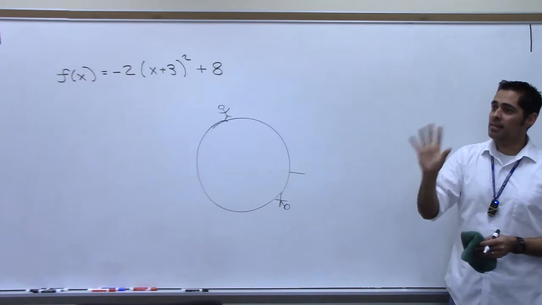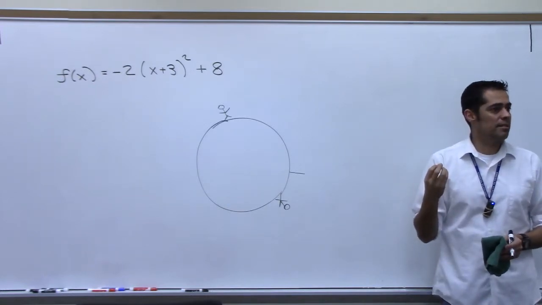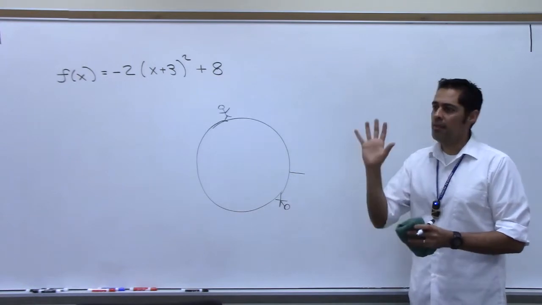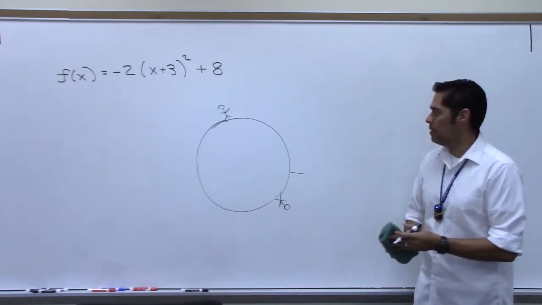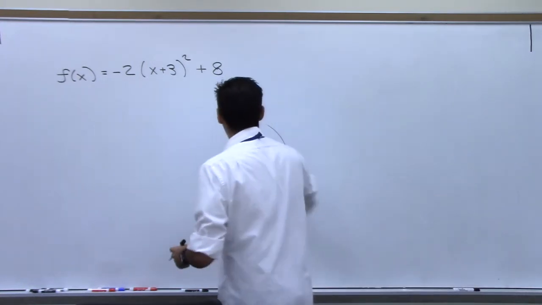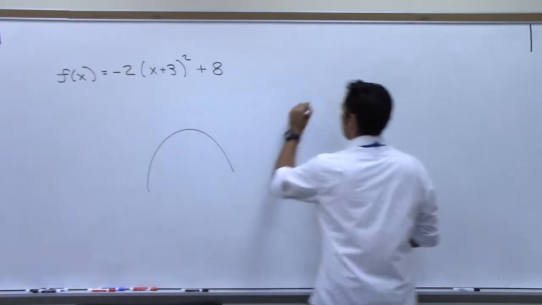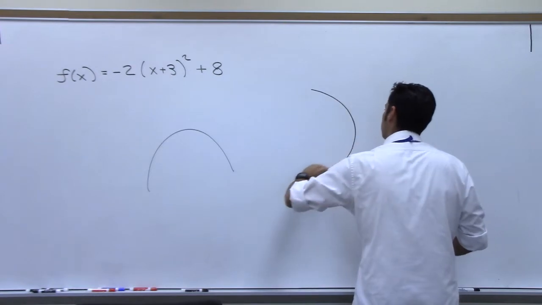How does that antenna capture that signal? It uses a parabola. Somewhere in there, you're going to have a parabolic shape. The unique property of a parabola, here's a parabola that opens down, but let's look at it sideways instead.